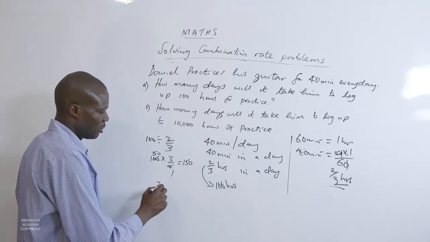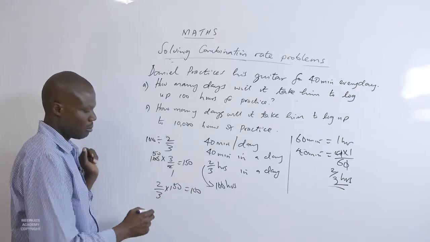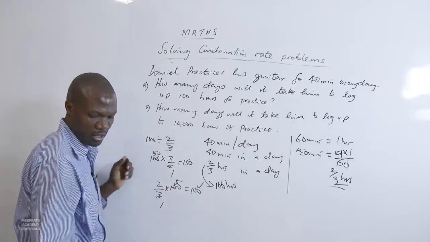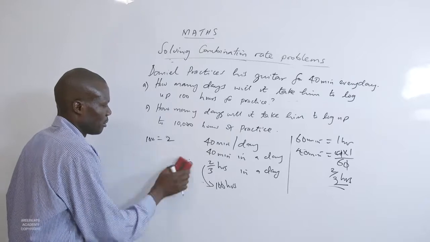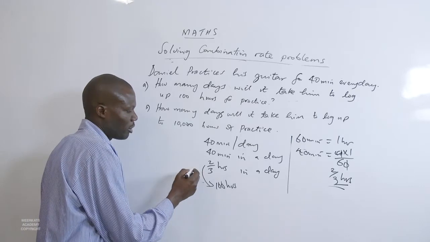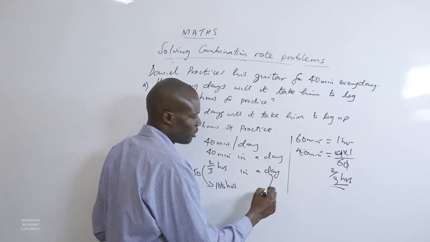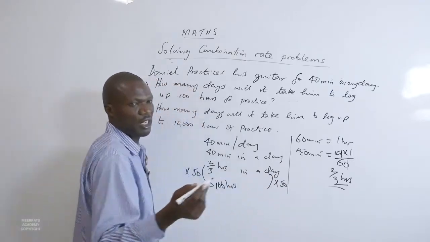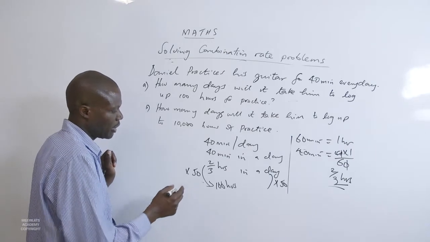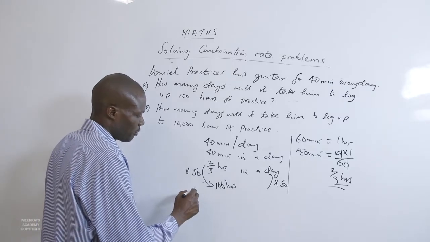Is it true that 2/3 times 150 equals 100? 2/3 multiplied by 50, so what is the multiplier here? Because that is per day, go to a day also and multiply by 50, which will give us 50 days definitely. Therefore, we are saying that it will take 50 days.